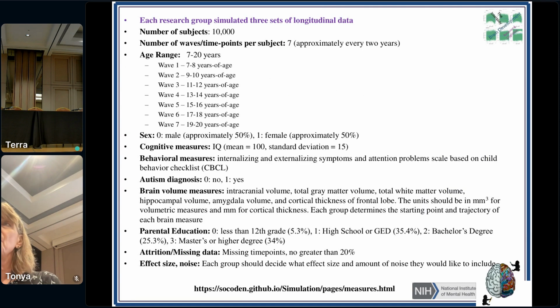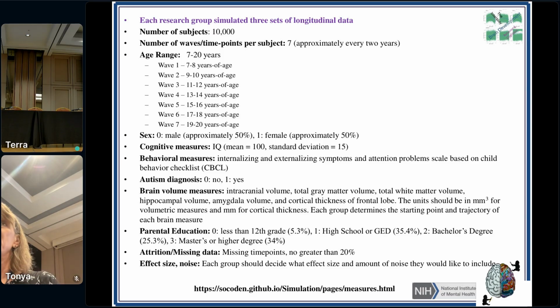With that, here is a brief summary of the data variables that were programmed. Each site created 3 data sets of 10,000 participants per data set, with 7 waves of data. There were certain key features that we provided each of the groups as they were figuring out how to program.